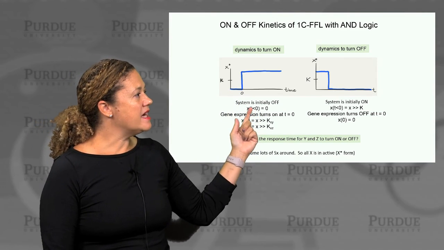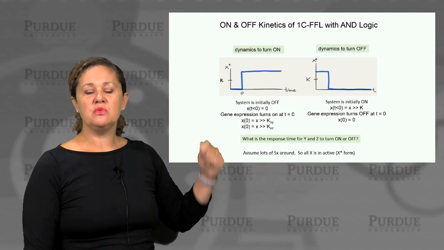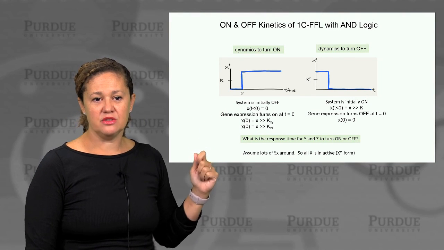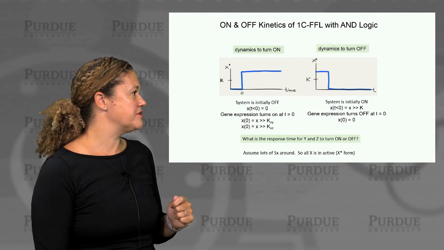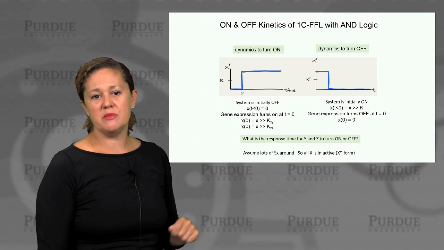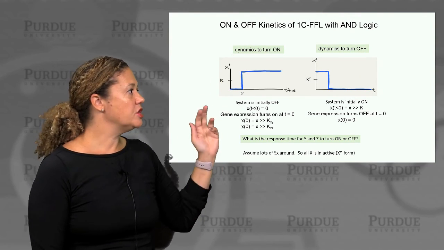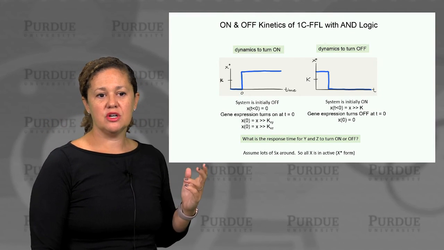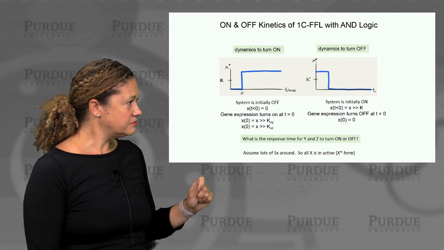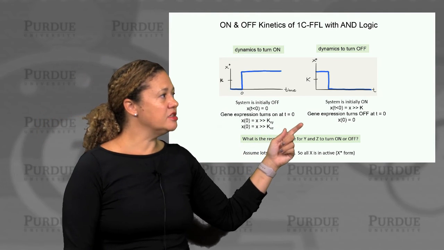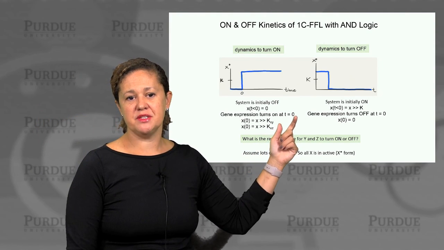And then at time 0, all of a sudden we have an instantaneous increase in our X star active form of our transcription factor, and it is well above our threshold. So we're going to look at the time it takes to turn our system on when it's maximally pushed to being on. And then we'll also take a look at the dynamics to turn the system off.